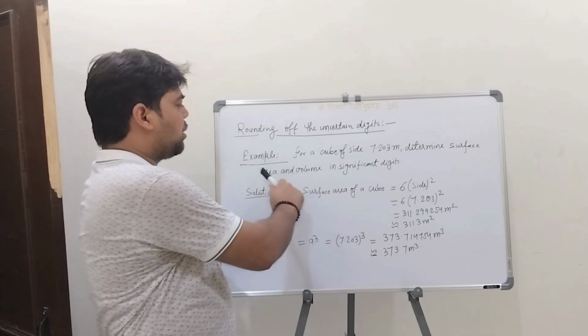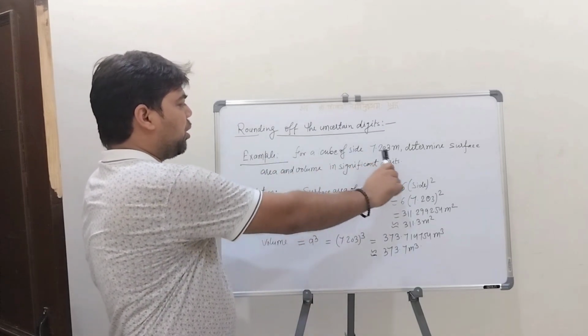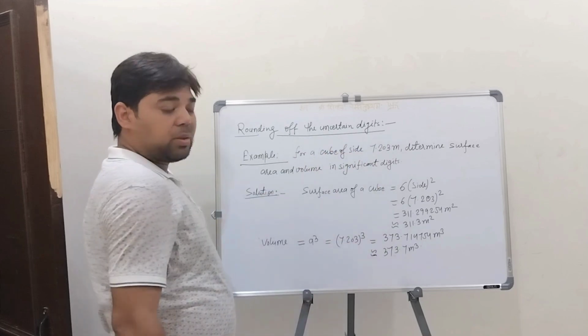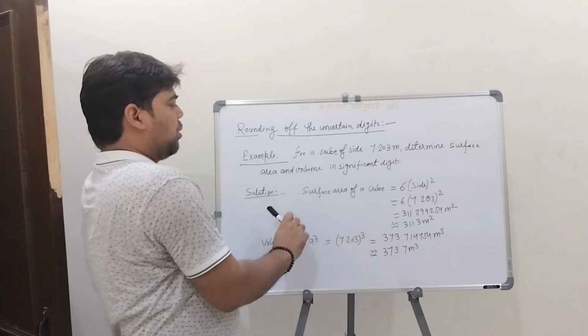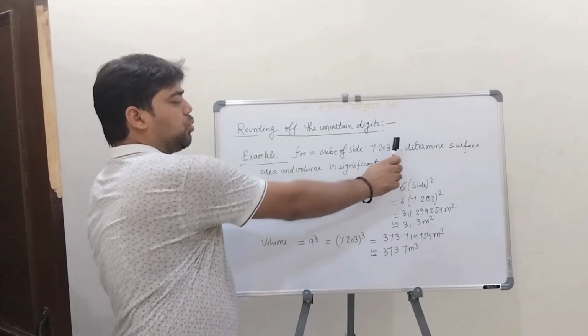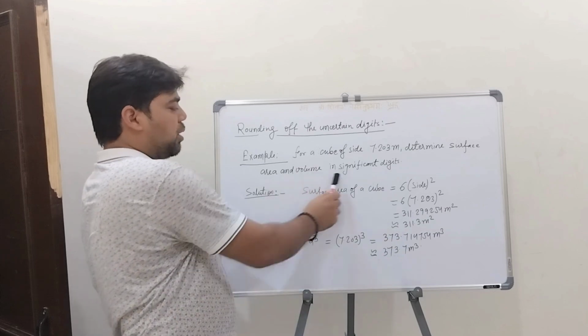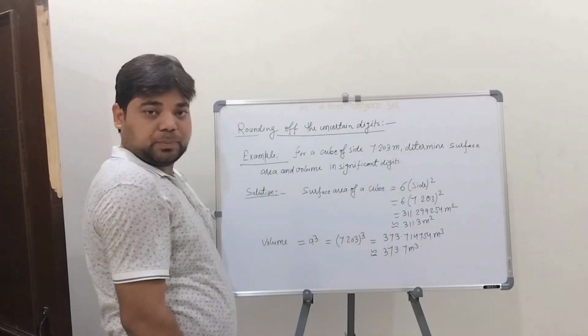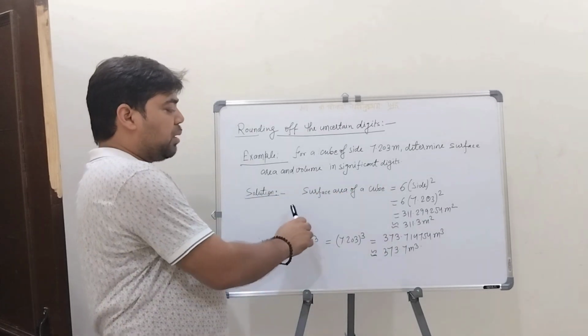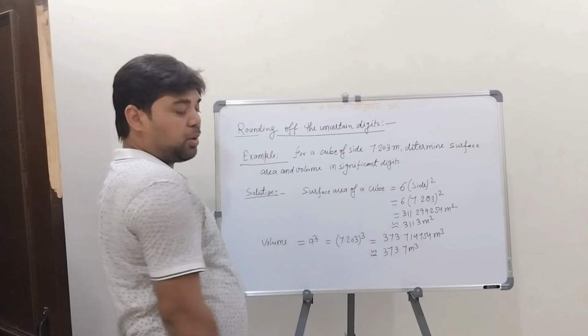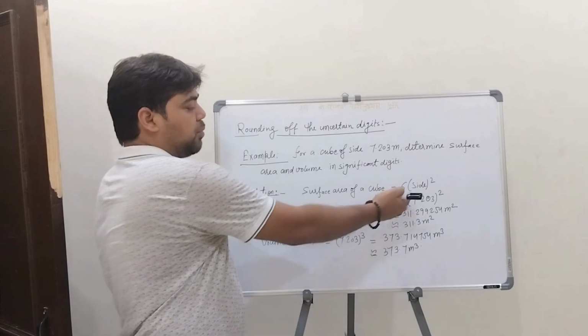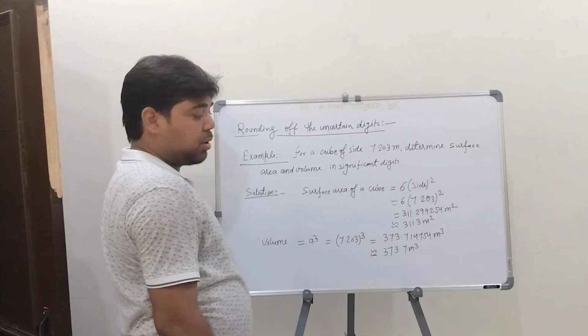So let us take a simple example of this rule of rounding of the uncertain digits. For a cube of size 7.203 meter, determine surface area and volume in significant digits. So, you know that the surface area of a cube is defined as 6 times side square.